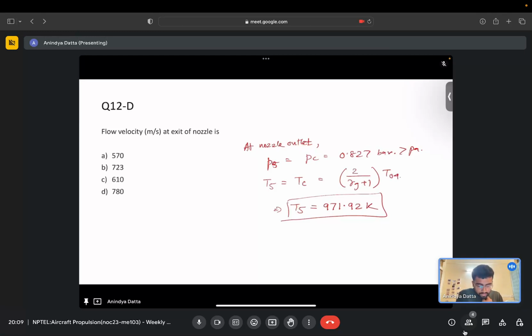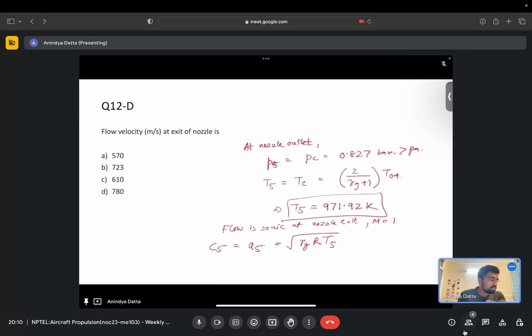Now what will be the flow velocity? Remember that the flow is sonic at the nozzle exit, which means Mach number is equal to 1. So our flow velocity is equal to the local speed of sound, which is square root of gamma R T5. When the nozzle is choked, we can compute the temperature at the exit using the critical ratios: the temperature will be equal to the critical temperature and the pressure will be equal to the critical pressure.